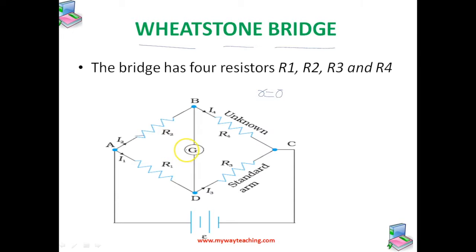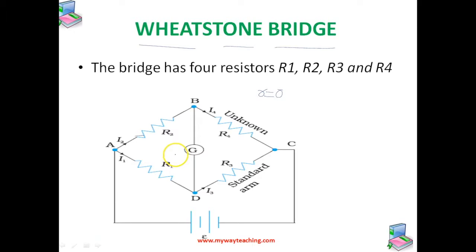Only if it is a balanced bridge can we consider Ig as 0. Then we can easily get the balance condition such that there is no current through G. If there is no current through G, then we say it is a balanced bridge.